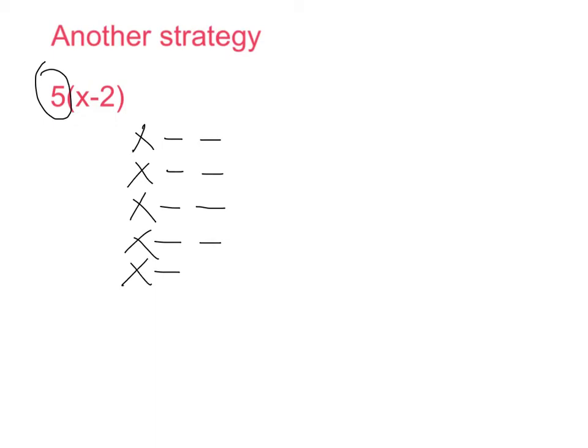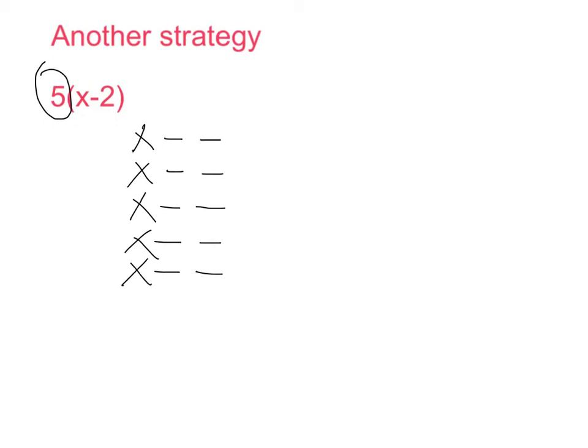I'd like to show you one more strategy that's very similar to the rectangles and algebra tiles strategy. Let's look at 5 quantity x minus 2. I can take this x minus 2 and I can draw it as an x and 2 negatives. I know that I have this 5 times, so I simply draw it 5 times.